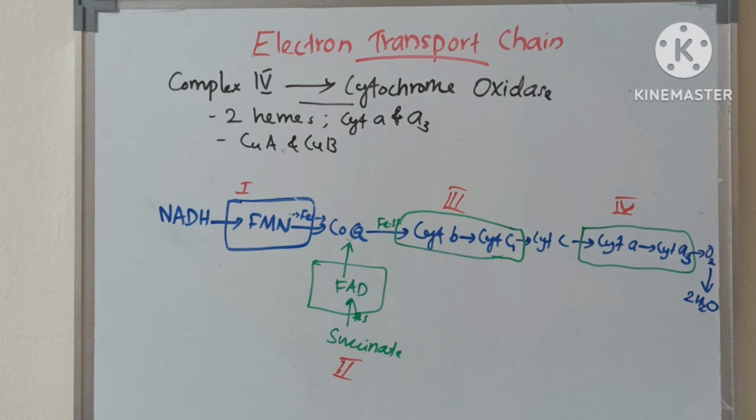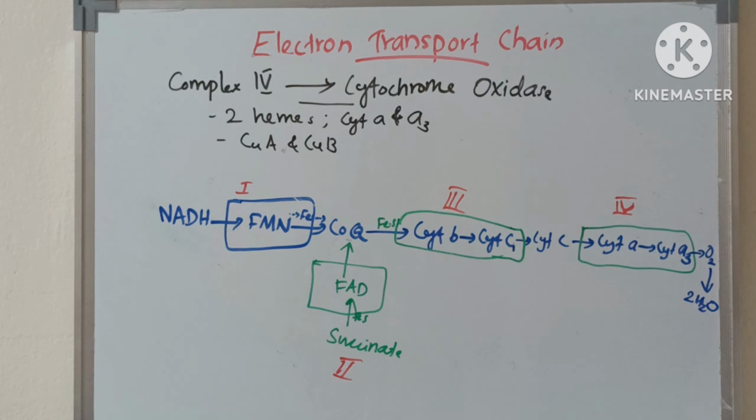That is complex 4. So, in the electron transport chain, from NADH plus H+, electrons are transferred to FMN. FMN is converted to FMNH2. From this to FeS, from FeS to coenzyme Q, that is complex 1.